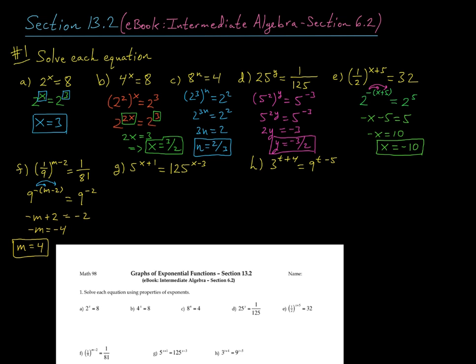Okay. For G, 5 to the x plus 1 is equal to 125 to the x minus 3. Well, like we saw in D there, 125 is 5 cubed, so I can use a common base of 5. So I already have the base 5 on the left, so now I'm going to write this as 5 cubed to the x minus 3.